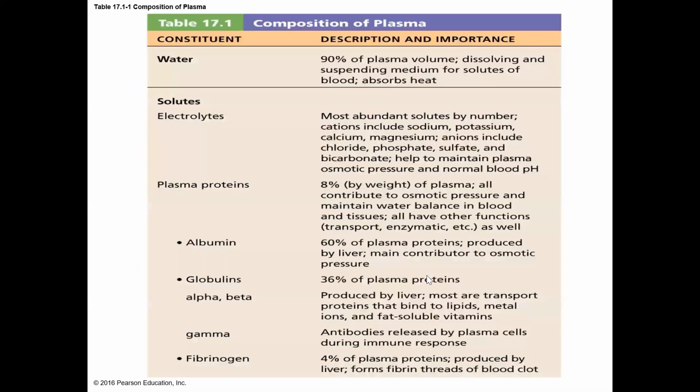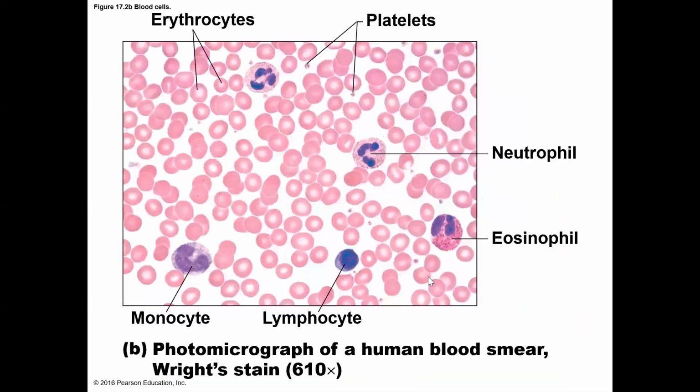So moving on, I want to talk about the shape of the white blood cells and red blood cells. If you take a look at this photomicrograph of a human blood smear, it shows erythrocytes. This is the majority, as you see, these red round structures.